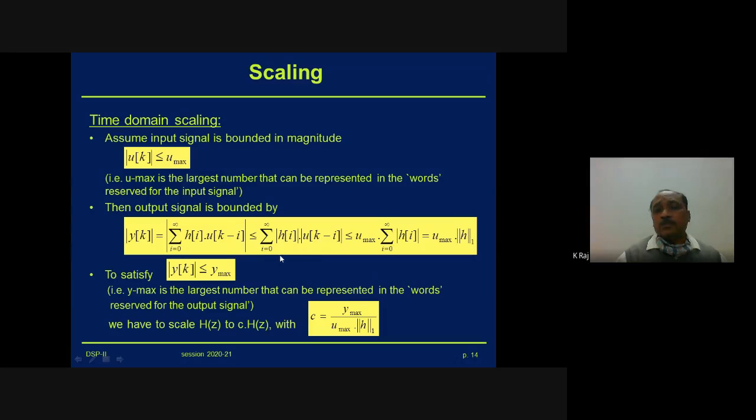We know this is the shifted input, and the input has the maximum value u max, so this may be written as u max multiplied by the summation from i equal to 0 to infinity of h(i), the total summable value of h. So to satisfy y(k) less than or equal to y max, we have to decide the value of C. C will be the maximum value of the output divided by u max multiplied by the total summable value of h.